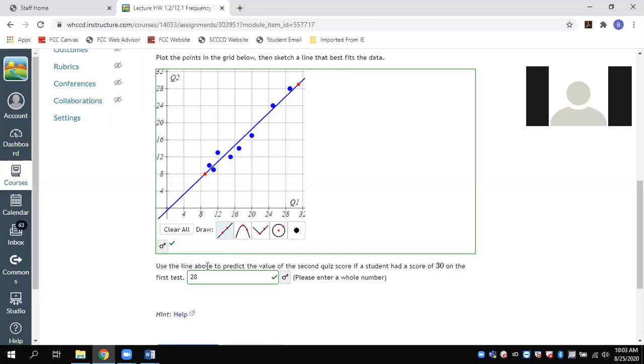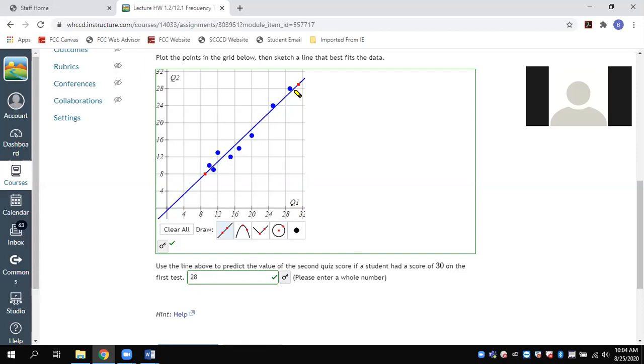Yeah, good question. So pay really close attention to all these words. They all matter. Use the line, and the 30 is first test, first quiz. Everybody seeing all those details? So I took the first quiz, went up to the line. It would hit about right there. I'm not looking at the dots. I'm looking at the line.